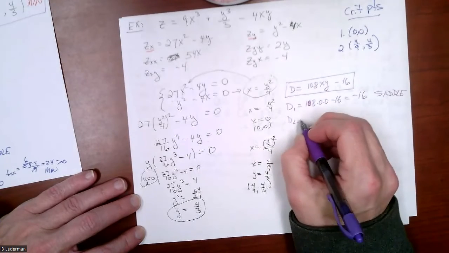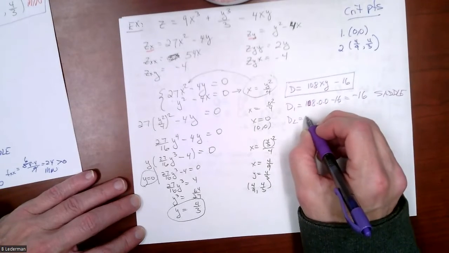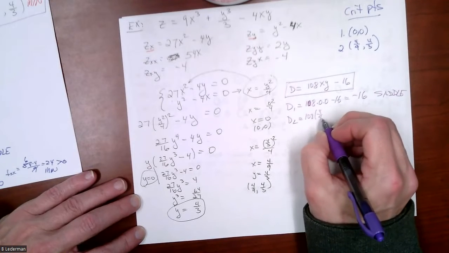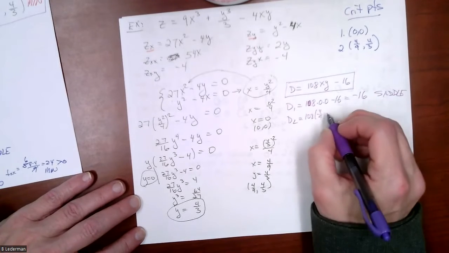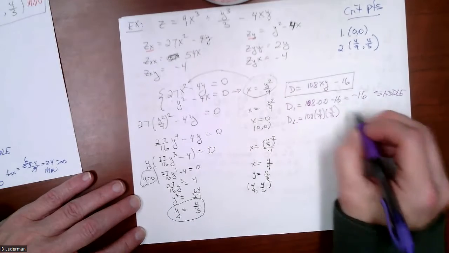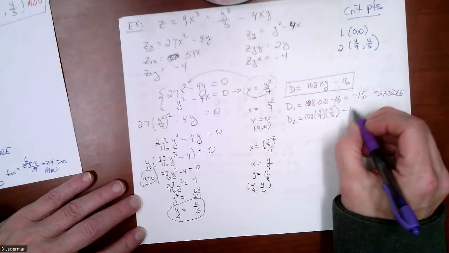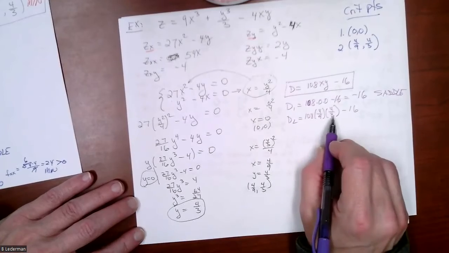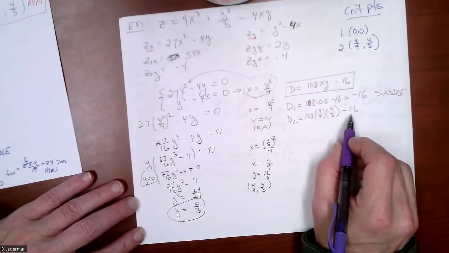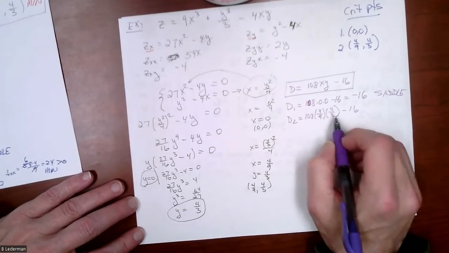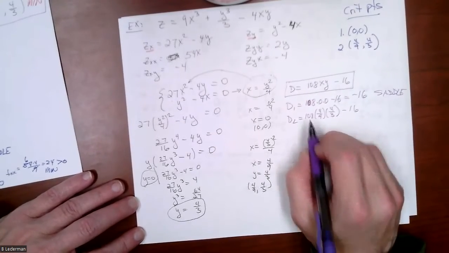Now D2 is going to be 108 times 4/9 times 4/3 minus 16. And this we have to see. I know that this is all positive here. I've got to see if it's bigger or smaller than 16. Well, the denominator is 27, and 27 goes into 108 4 times.